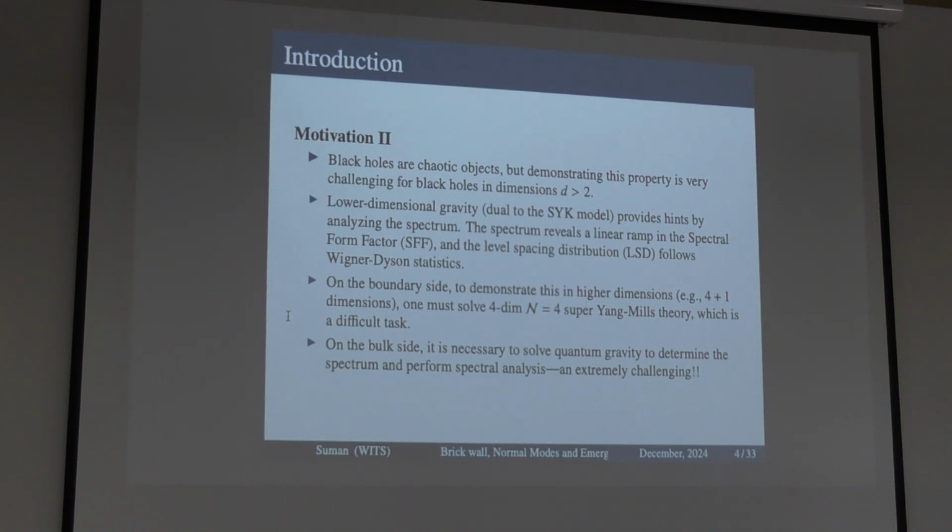But to see this from a higher dimensional black hole, let's say a 5-dimensional black hole, what we have to do is solve the N equal to 4 theory, which is hard. And to see this from the bulk side, we have to solve quantum gravity, which is harder.